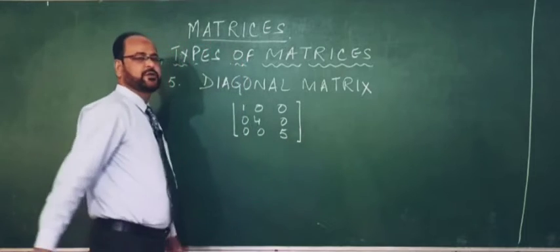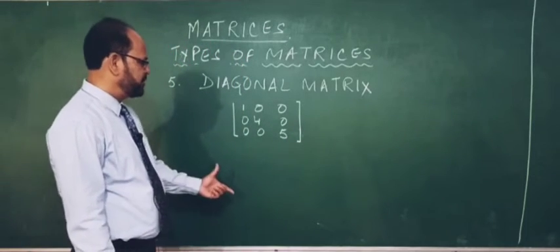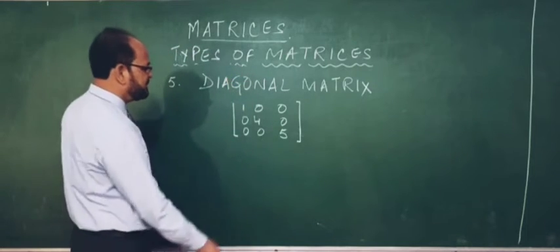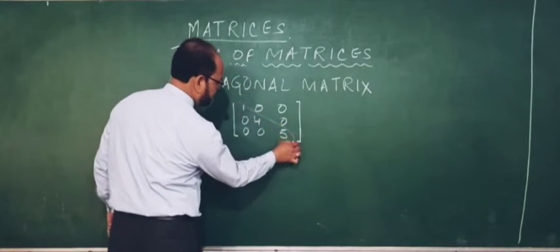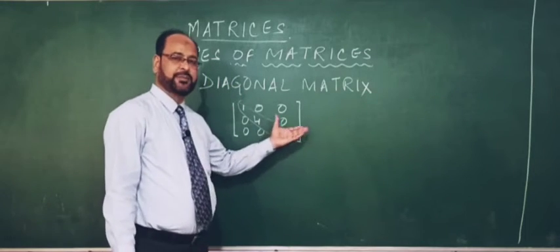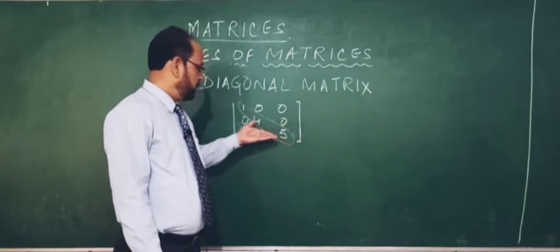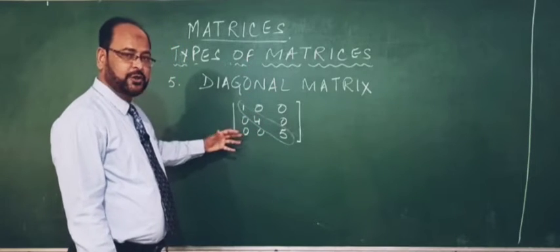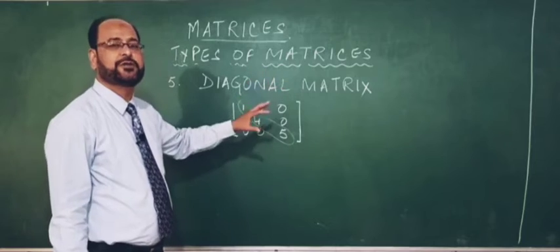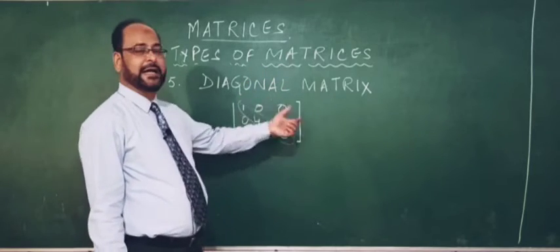Diagonal matrix is a square matrix in which all other elements are 0 except the elements on principal diagonal. This diagonal is called principal diagonal. So all other elements should be 0. The elements on principal diagonal should not be 0. Then it is called diagonal matrix.